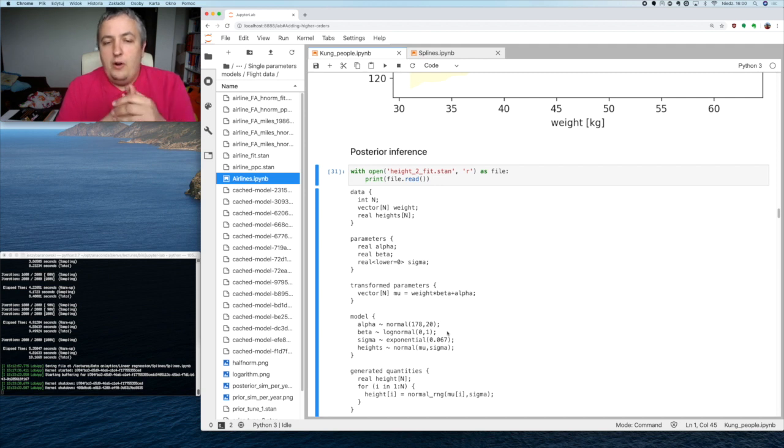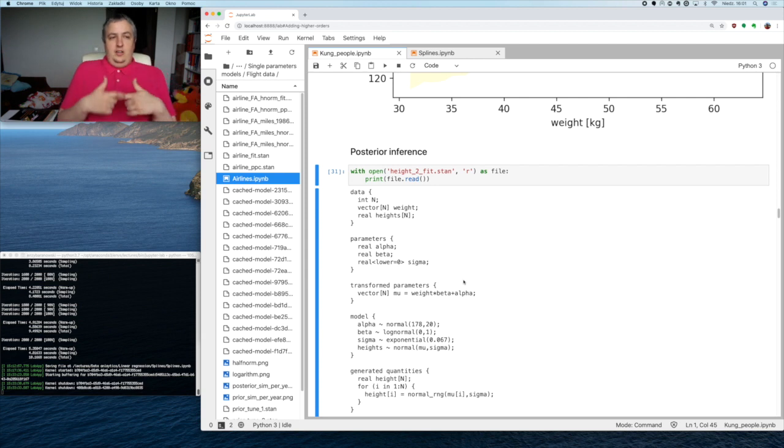We provide our model with data consisting of the number of samples, the weights that we are interested in, and the heights that correspond to them. Then we assign parameters alpha, beta, and sigma. We create a transformed parameters vector that corresponds to the multiplication of weight and coefficient beta plus alpha.